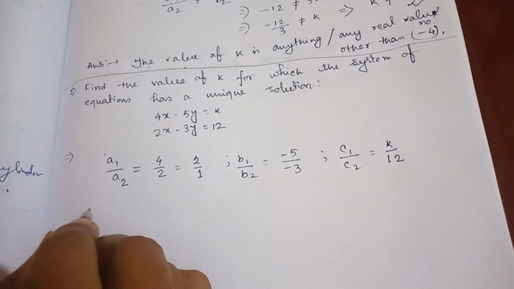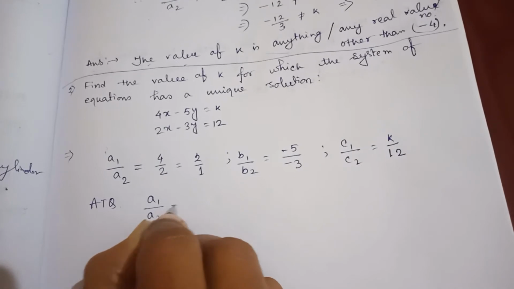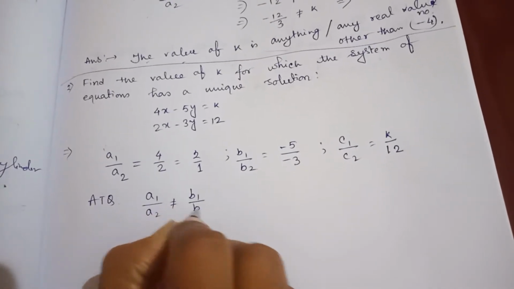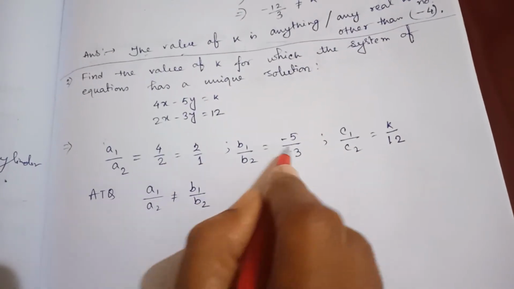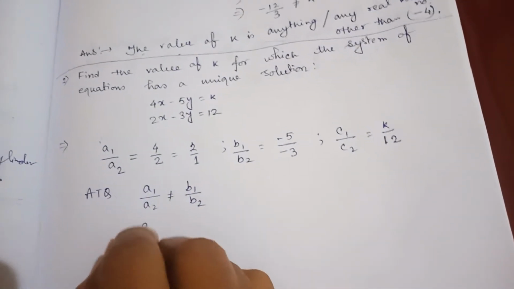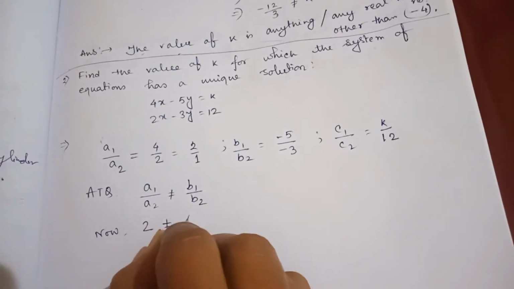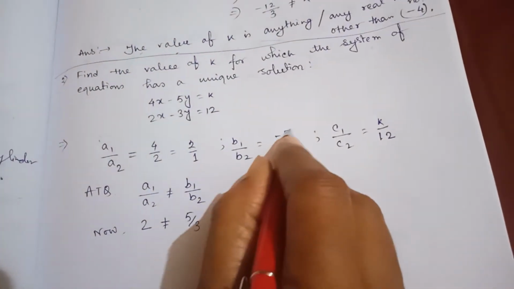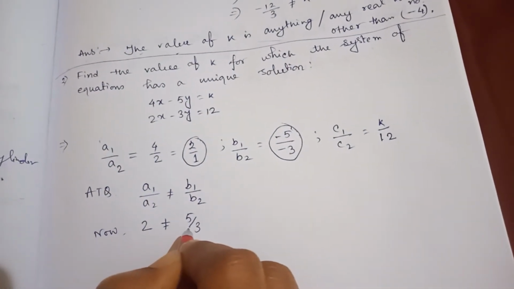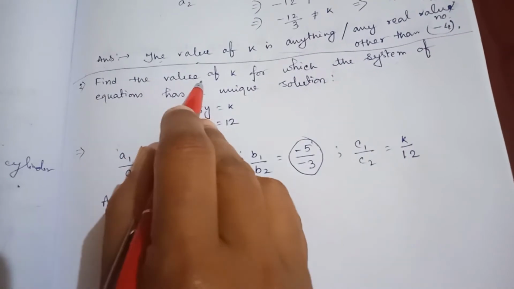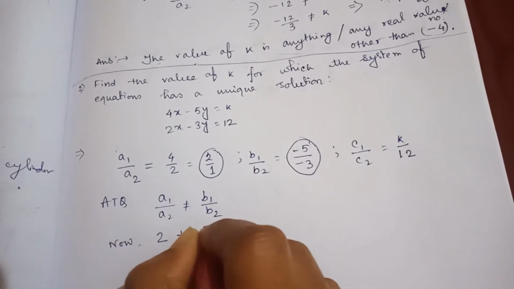Unique solution, that means according to the question we need A1 by A2 not equal to B1 by B2, right? Which is obvious from here. Look, 2, obviously 2. Now from the question, 2 not equal to 5 by 3, right? This not equal to this. Quite simple. So we have to find out the value of k, and k doesn't belong to this.